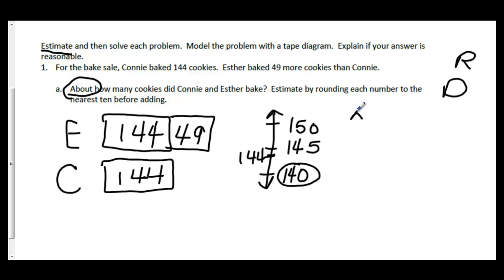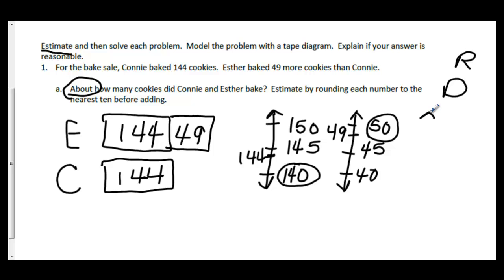Now I've got 49. So there are 40 tens and 49. 10 more would be 50. My midway point would be 45. And 49 would be way up here, almost to 50. So 49 rounds to 50.